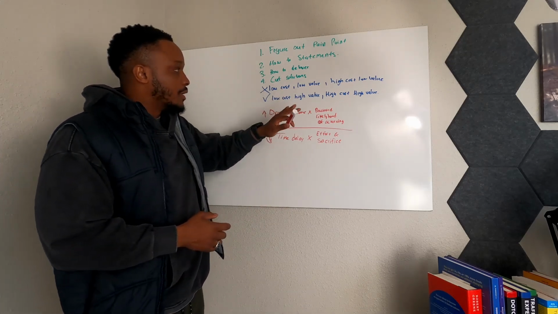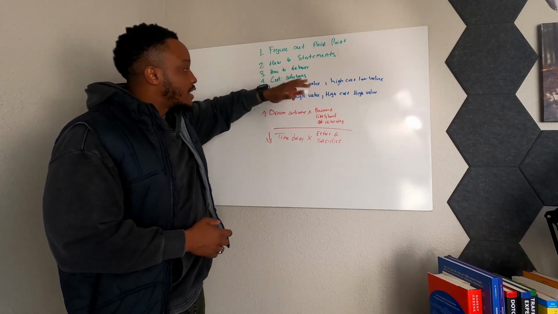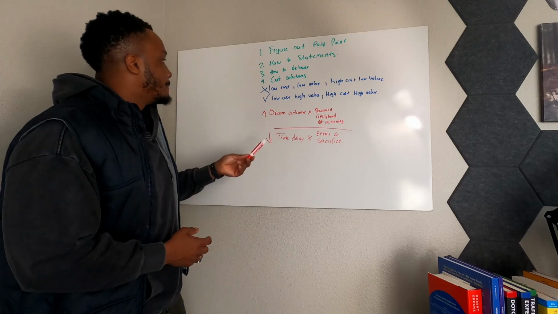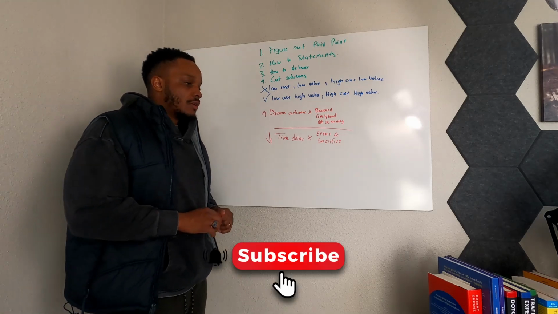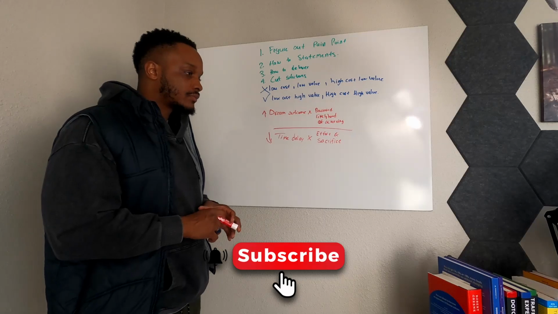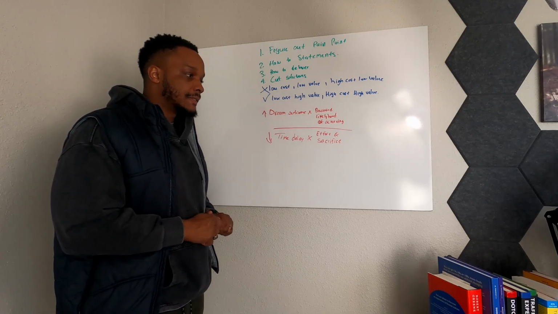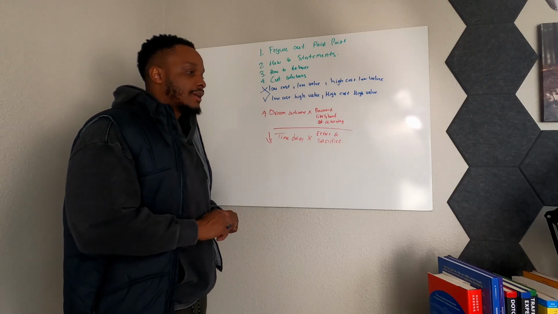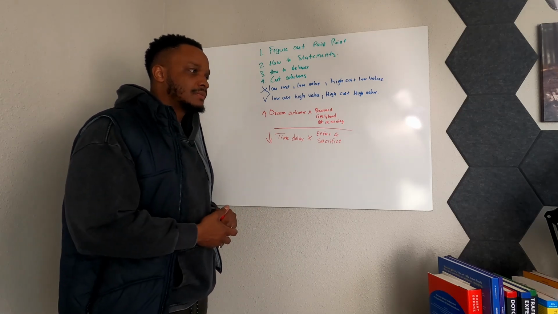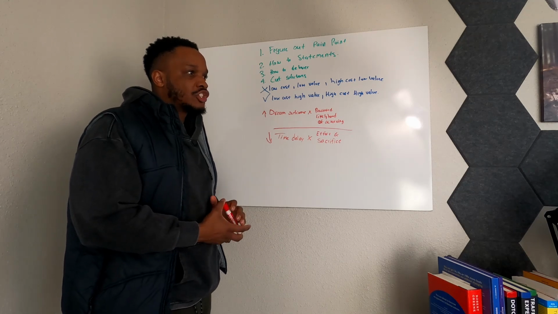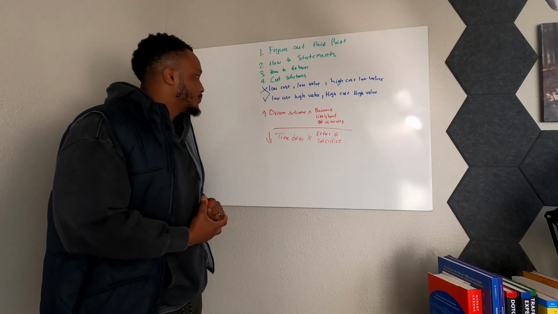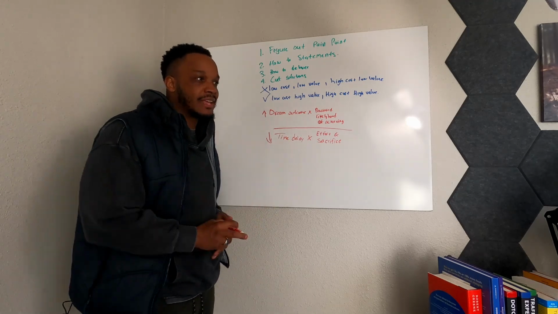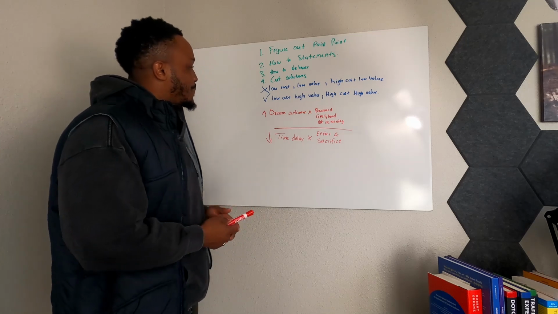So for instance, an example of a low cost, low value, right? Maybe a low cost for Get SaaS Customers could be that I can show them how to, I don't know, let's say make $1 million in 10 years, right?